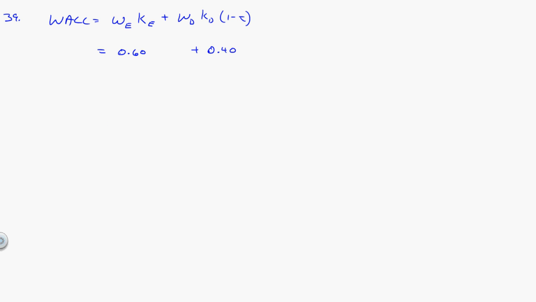Alright, so I'll do it right here. P0 is equal to D1 over K minus G, where K is the cost of equity.